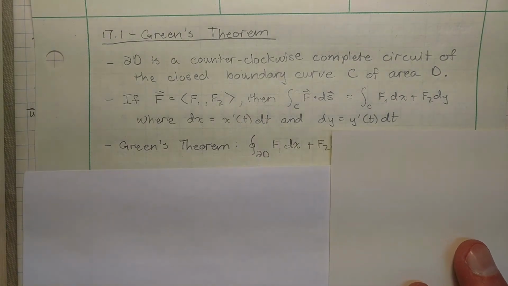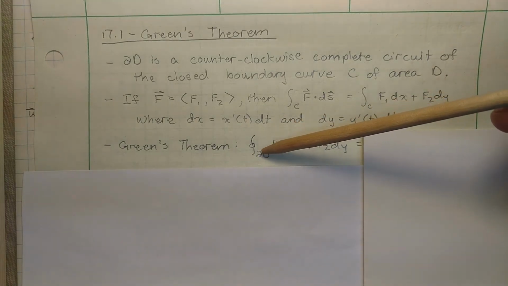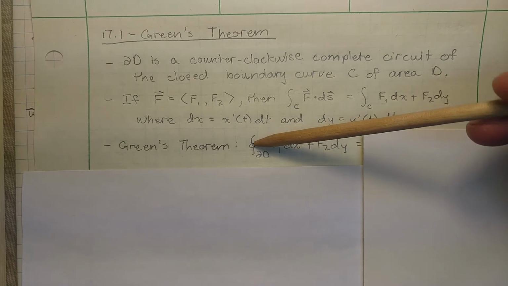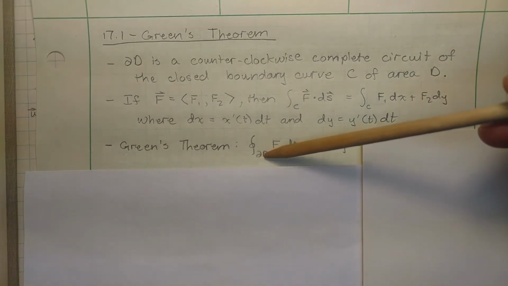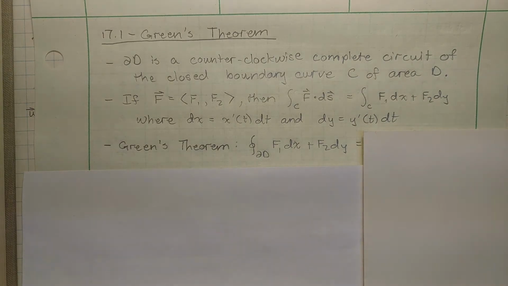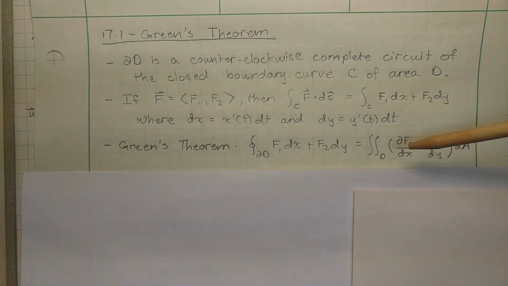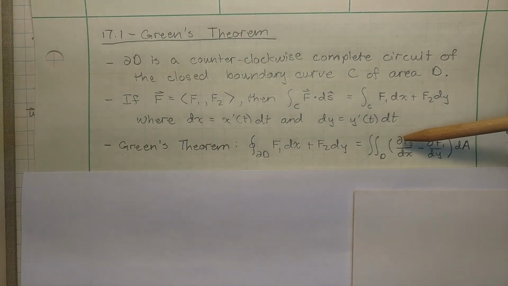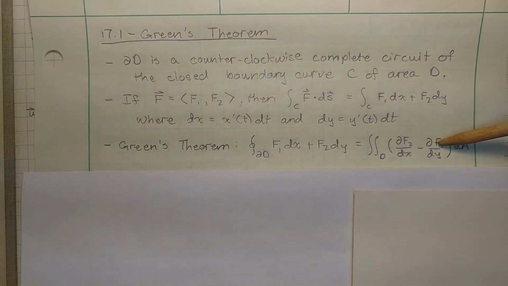What it says is if we want to take the line integral, notice it's a closed curve, that's what that symbol denotes, around some given domain, some given area, of this vector field, that's going to be equal to the double integral over the domain of the partial of the y component with respect to x minus the partial of the x component with respect to y, dA.